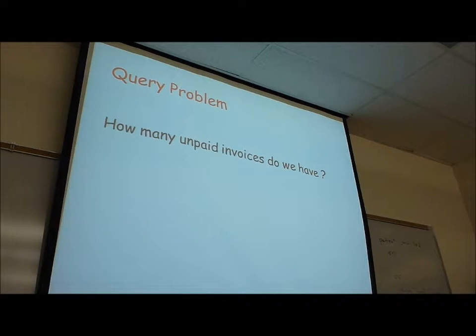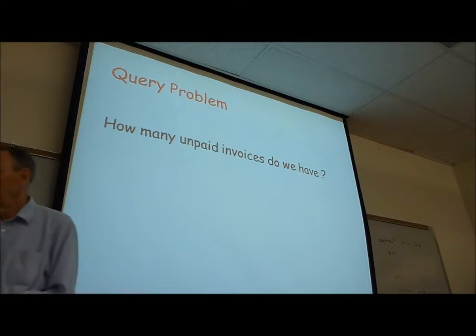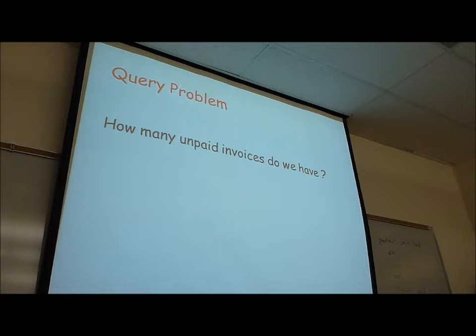So these are the kinds of questions I might encounter. Somebody in accounting will probably say, how many unpaid invoices do we have? Of course all that information is in the database, and we have a mechanism for doing that.